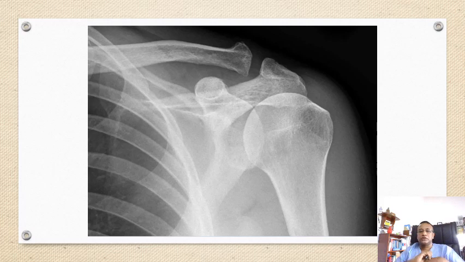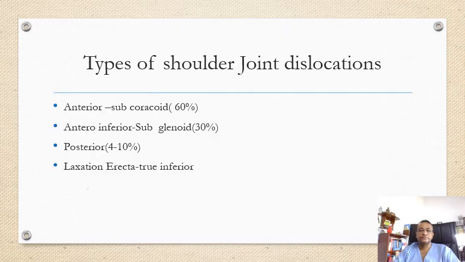In this X-ray, you should be able to appreciate the bony structures. Here you can see the humeral head, acromion process, coracoid process, clavicle, and the glenoid. So you should be able to read these radiographs.